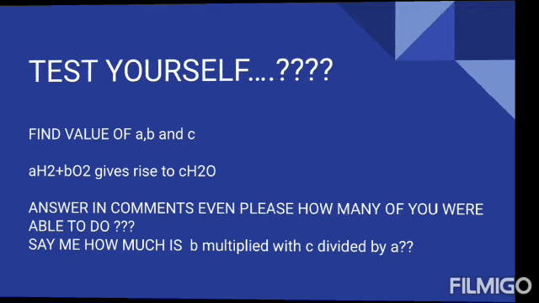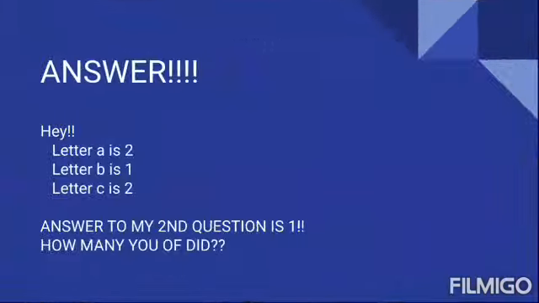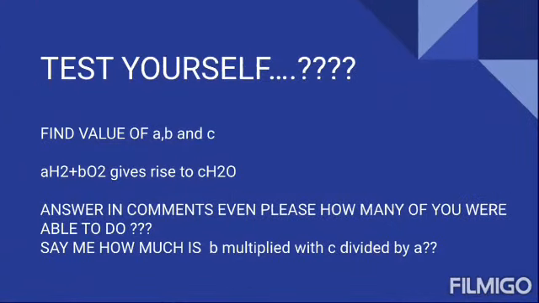Now, I can answer this question. Your answer was: a is 2, b is 1 and c is 2. So 2H2 plus O2, b is 1, gives rise to 2H2O. We already have two oxygen atoms on the reactant side, but on the product side we don't have two. To make two there, we add 2 in the place of c.